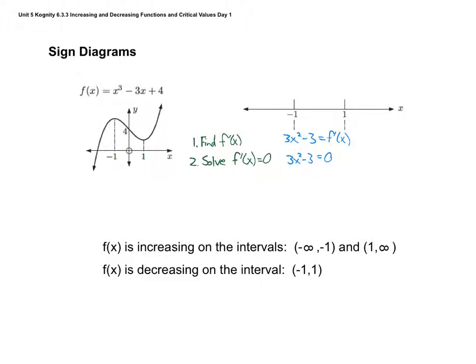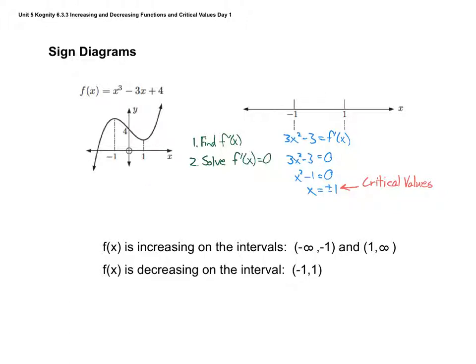So we divide everything by 3, we get x squared minus 1. So we know x has to be plus or minus 1. Now, those are the places where we have horizontal tangents. Those are what we call critical values.